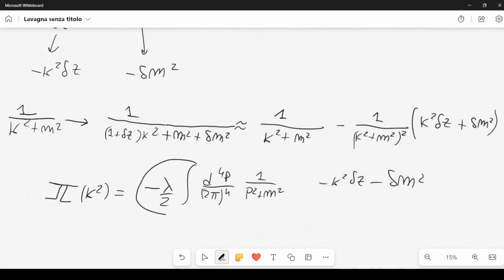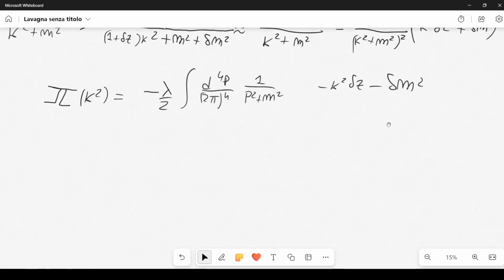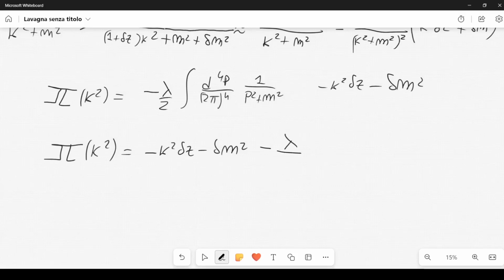And we calculated this integral in the previous video, so I can simply recall the expression. So let me write it here, capital pi of k squared equal to, let me write minus k squared delta z first, minus delta m squared, and then we have this integral that we computed, and in particular it was equal to minus lambda over 32 pi squared, and then we have lambda 0 squared.